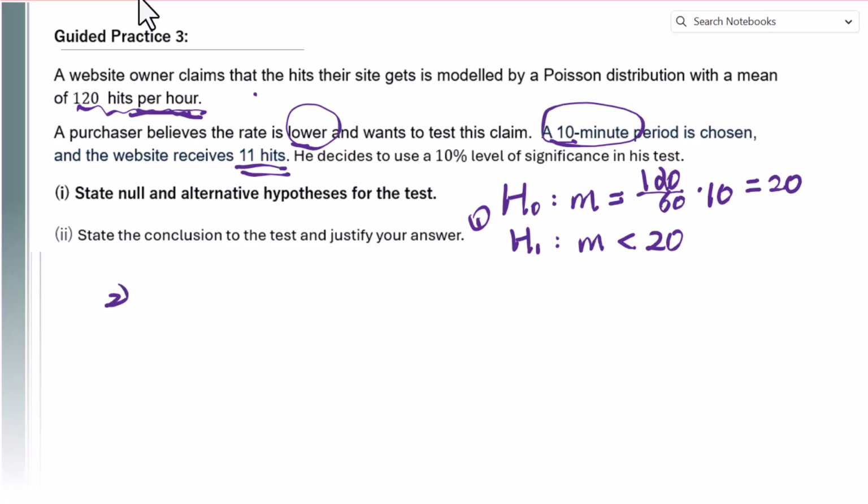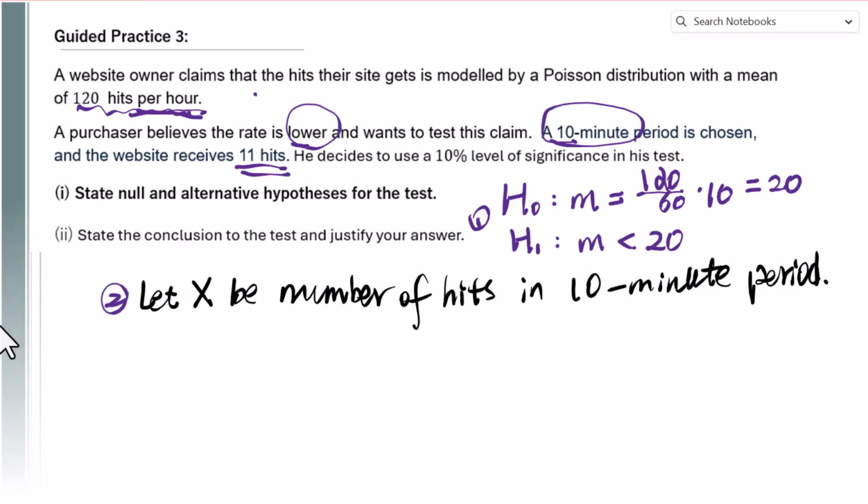Second step, we need to define the variable. Let X be the number of hits in a 10-minute period. So X follows a Poisson distribution with a mean of 20. The X statistic equals the observed frequency, 11.